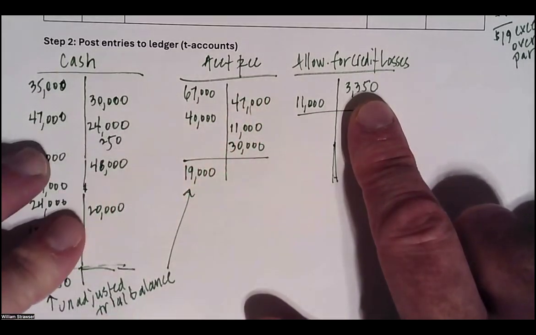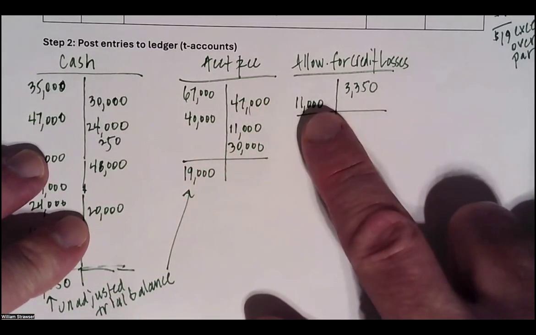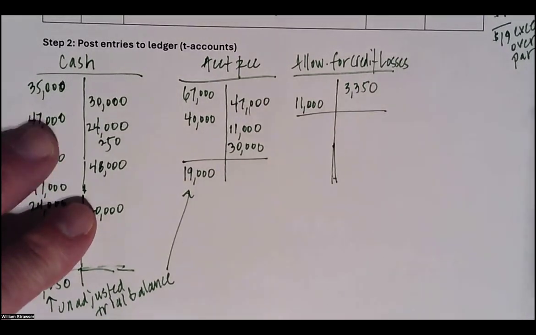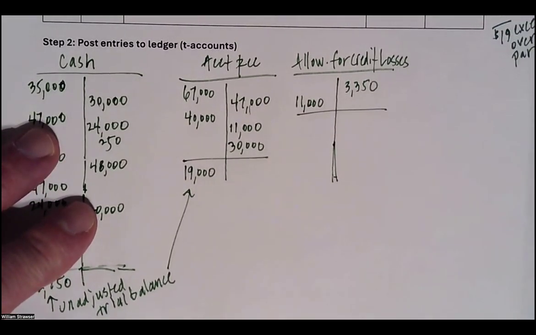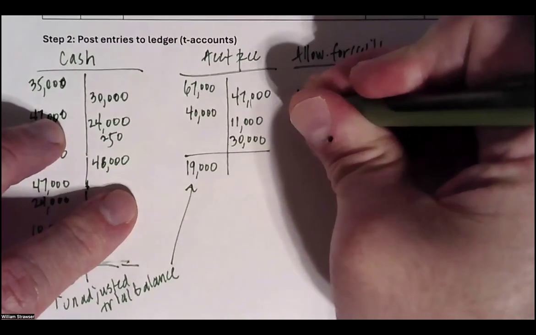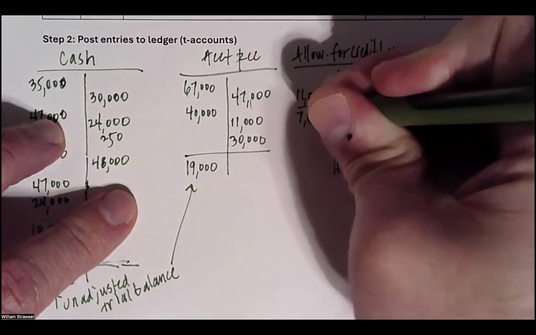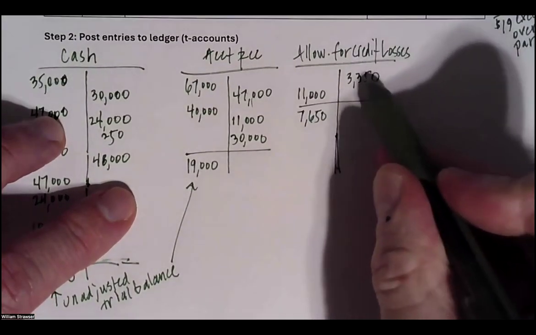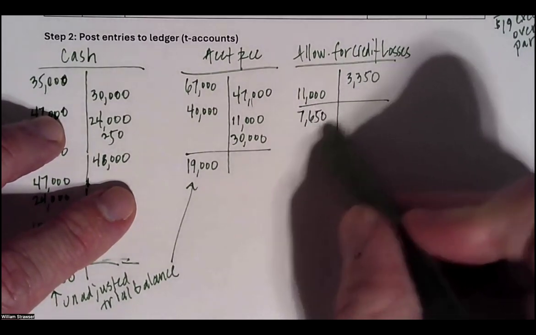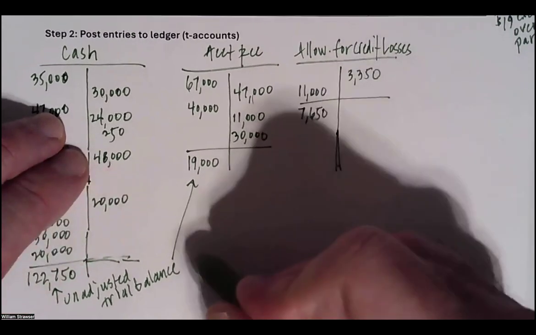Well, was our estimate correct? Clearly not. This was how many came up during the period. And so we have underestimated the amount of debt that was going to go bad. Right now, there is a $7,650 balance. It wiped out the 3,350 and 7,650 is what's left.